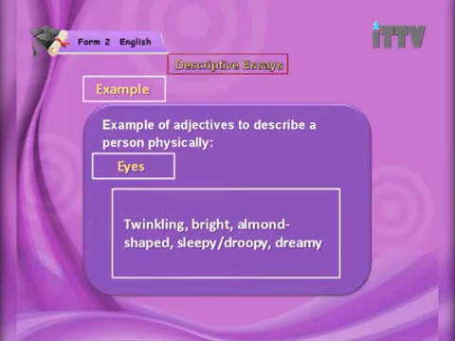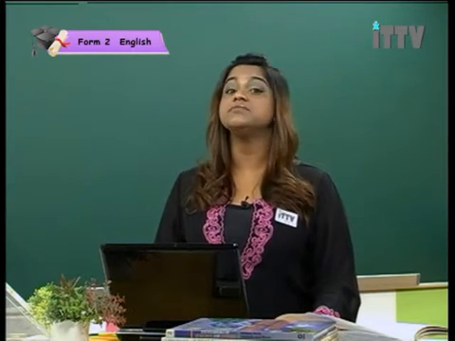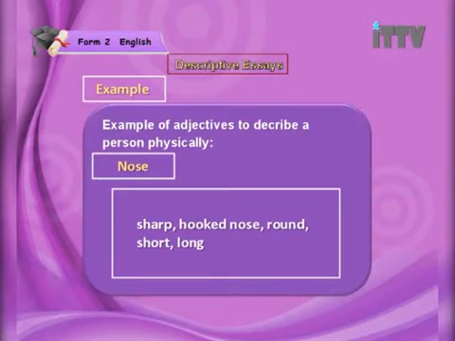Let's go on to the eyes. You might have twinkling, bright, almond-shaped, or sleepy, droopy, dreamy eyes. Next comes the nose. A person could have a sharp nose, a hooked nose, round or short nose, or a person could even have a long nose.